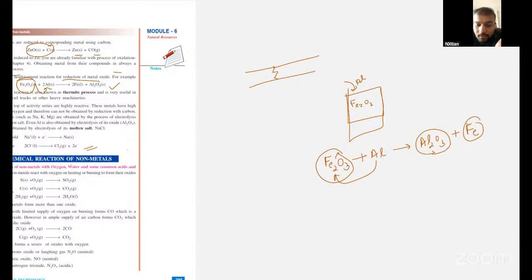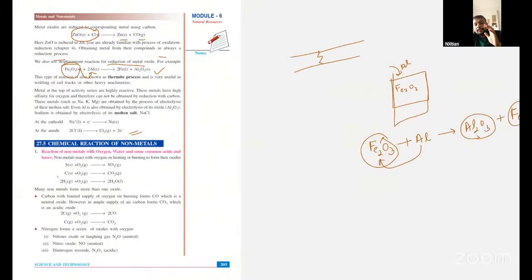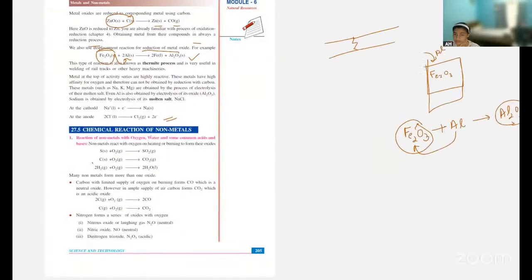Okay, and this is how metal like railway tracks is fixed. This is called the thermite process. Heating of iron oxide in the presence of aluminium is known as the thermite process.